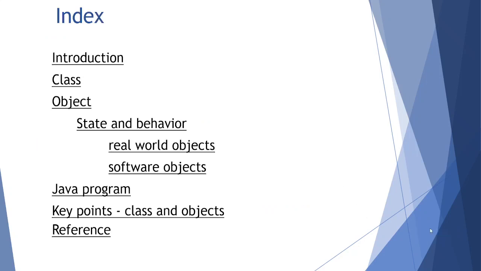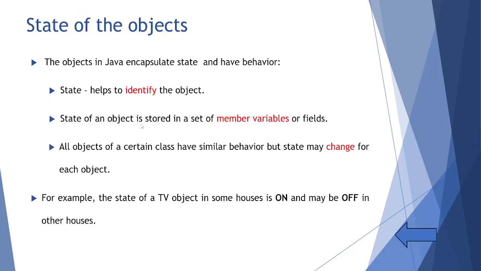Let's see state and behavior. Now, objects have state and behavior. What does a state do? It helps to identify the object because of color or the way it works, something like that. State of the object is stored in member variables.